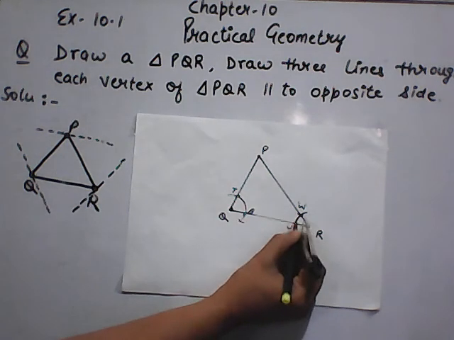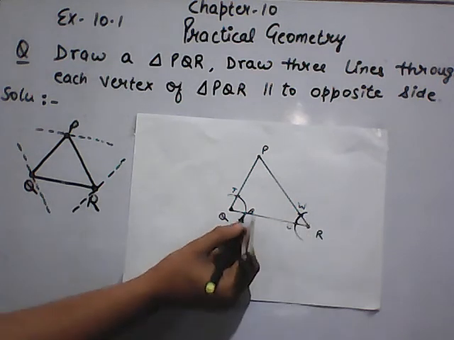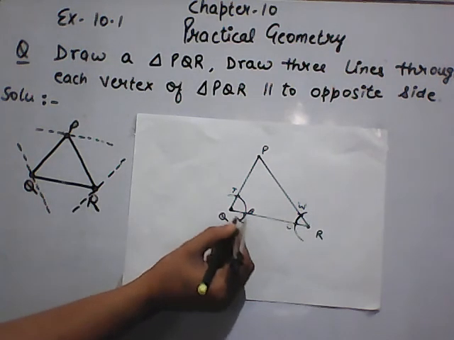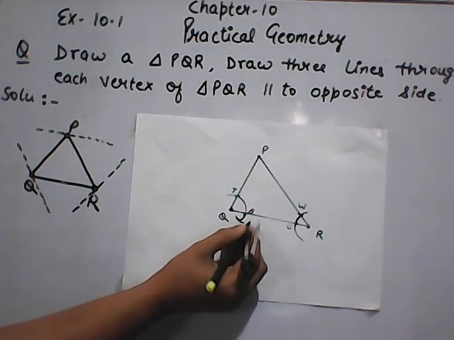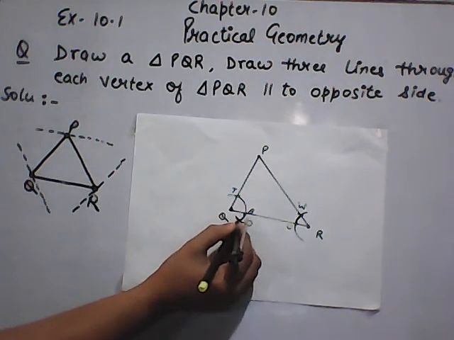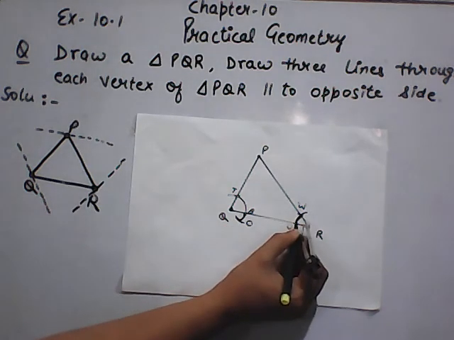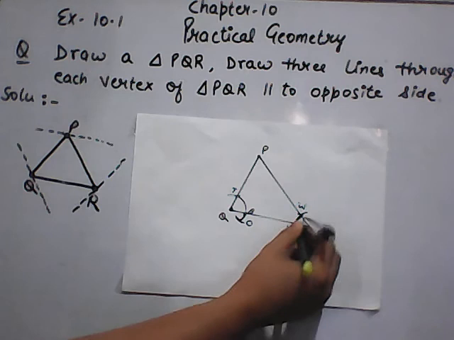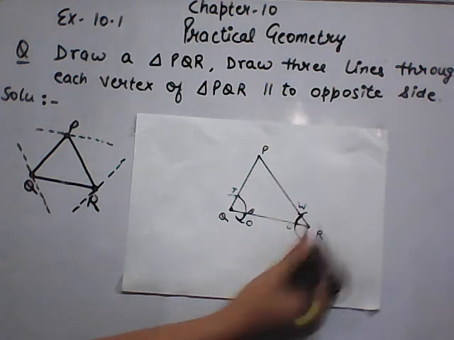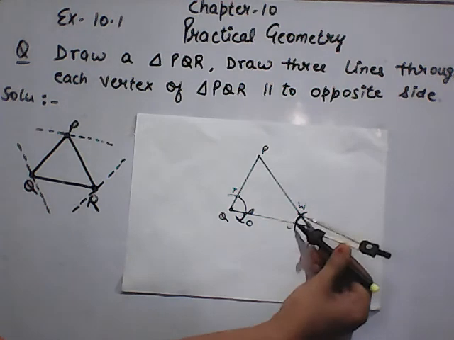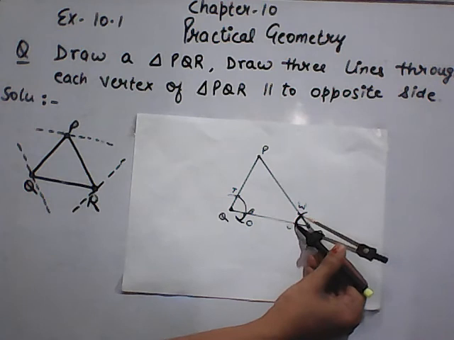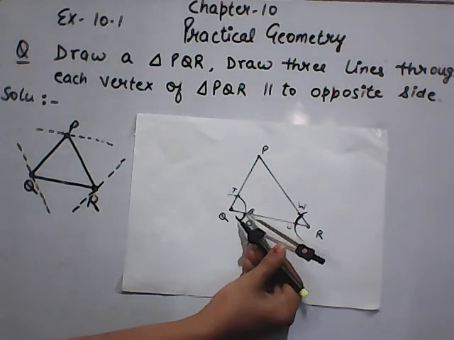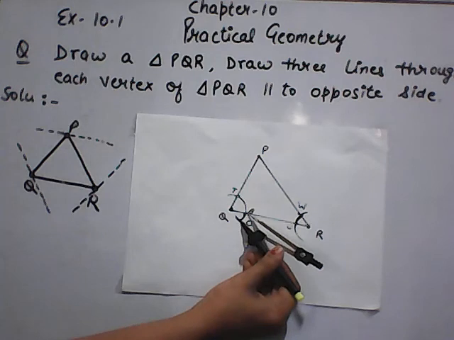Suppose it cuts the arc at point O. Angle BO and angle WU are both equal. You can measure angle WU with the help of compass, and in the similar way BO. These two angles are equal.